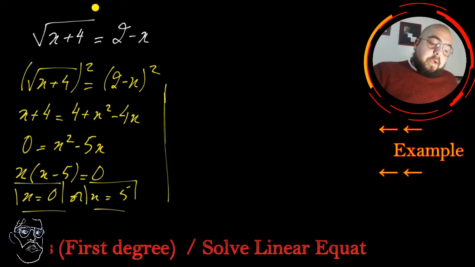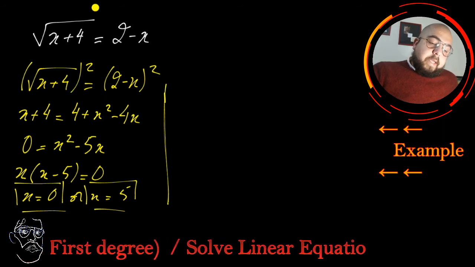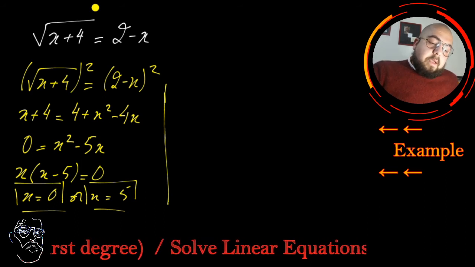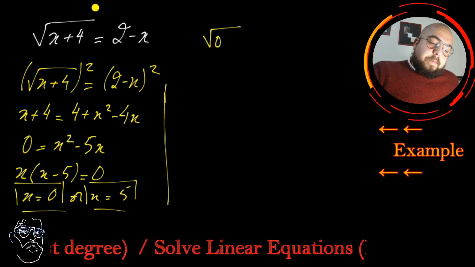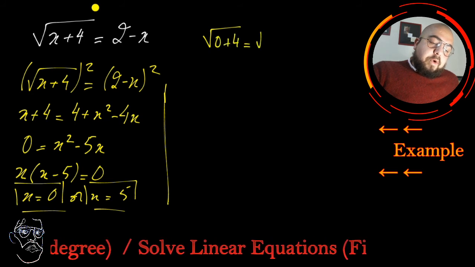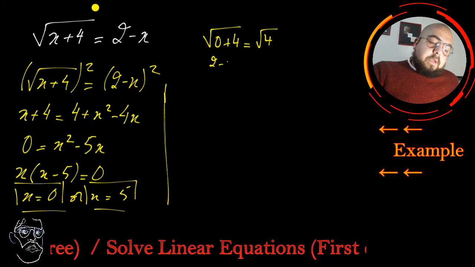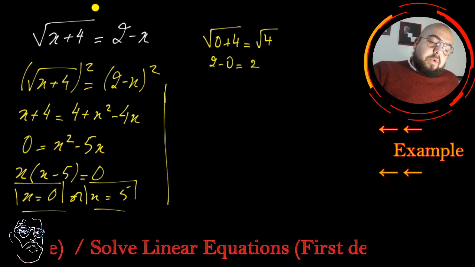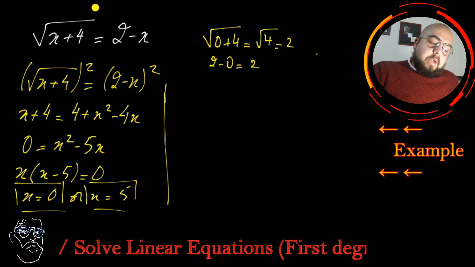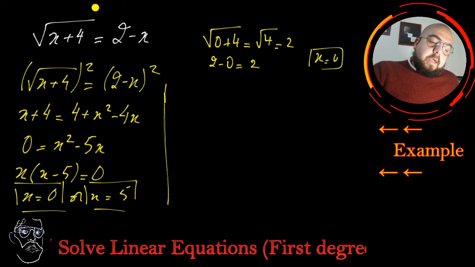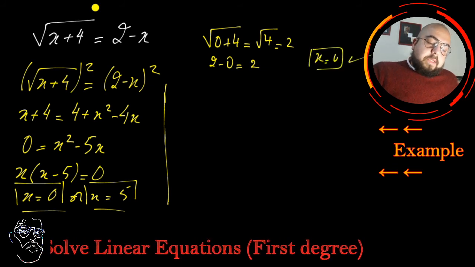You should verify. Let's say for x is equal to 0, square root of 0 plus 4 is the square root of 4, and 2 minus 0 is equal to 2. So in this case, x is equal to 0, it's acceptable. What about the second root?